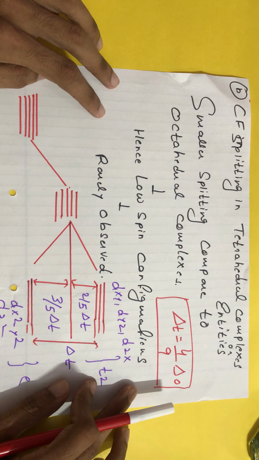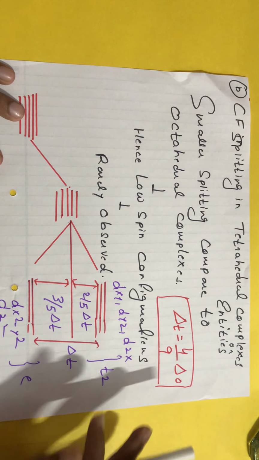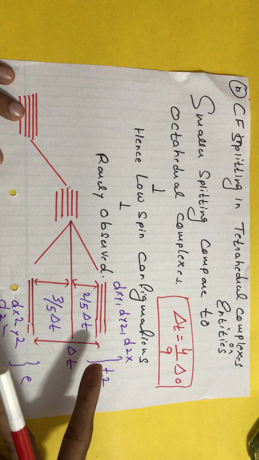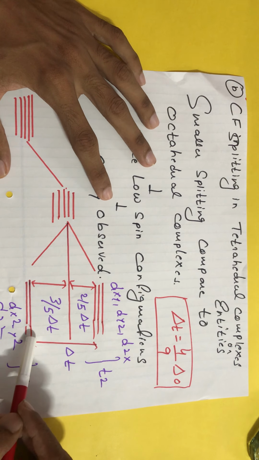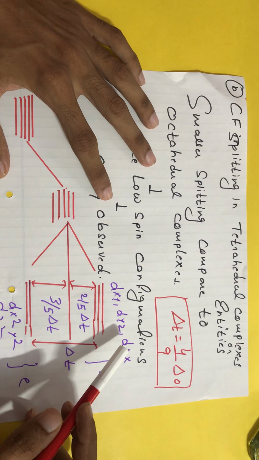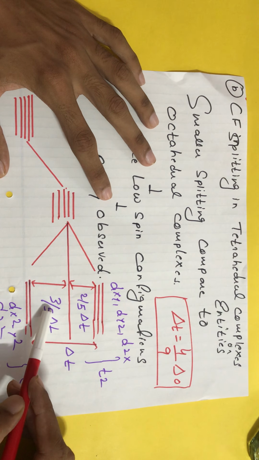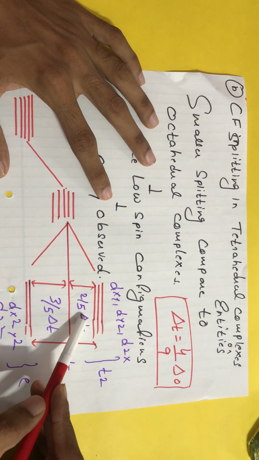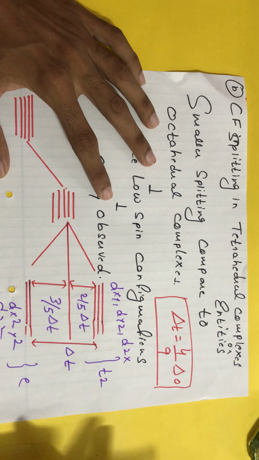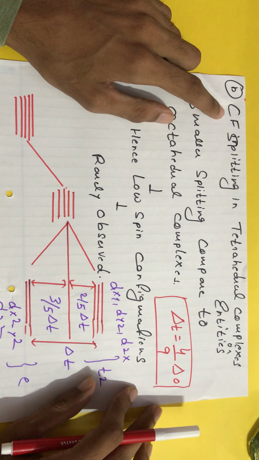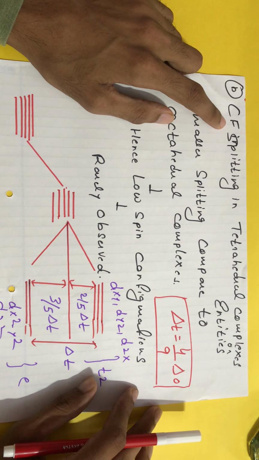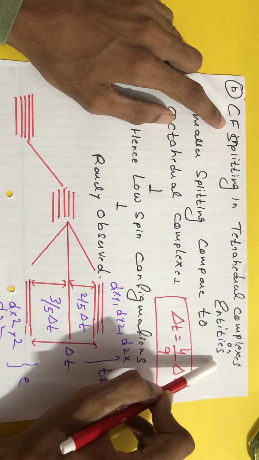So these are rarely observed. The picture is totally changed: the orbitals on the axis come lower and the orbitals away from the axis come higher, and this splits by 3/5 and this by 2/5. So it is called tetrahedral splitting, or crystal field splitting in the tetrahedral complexes.